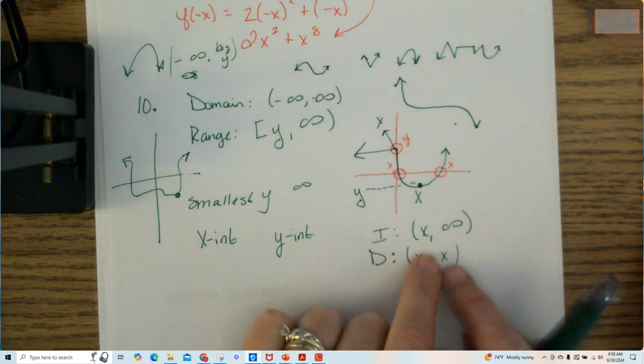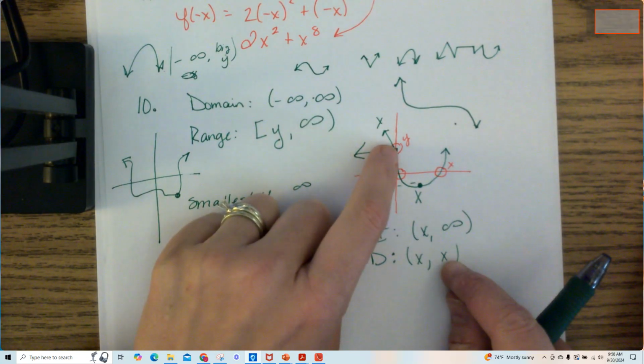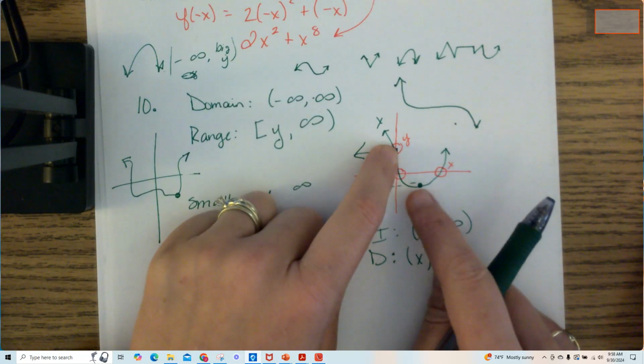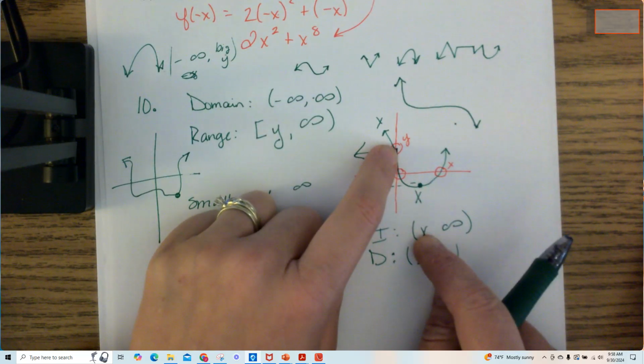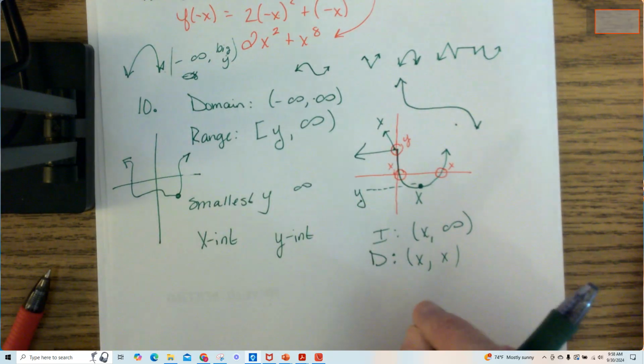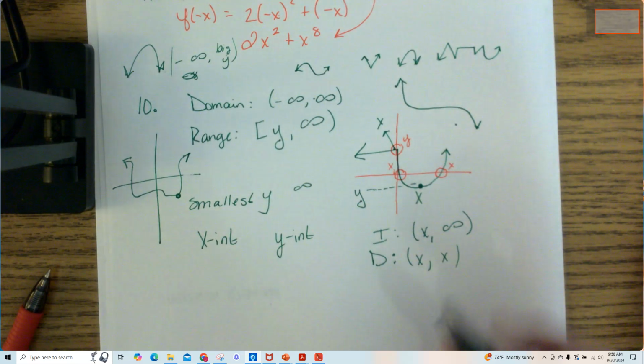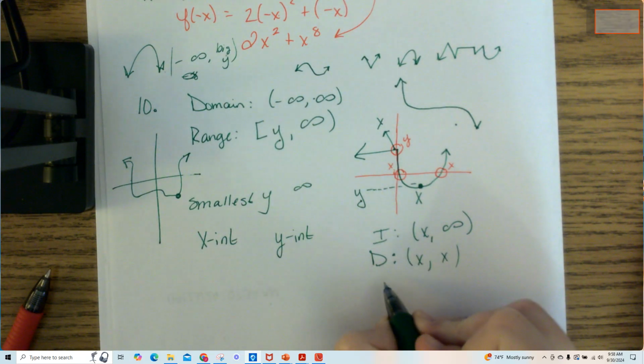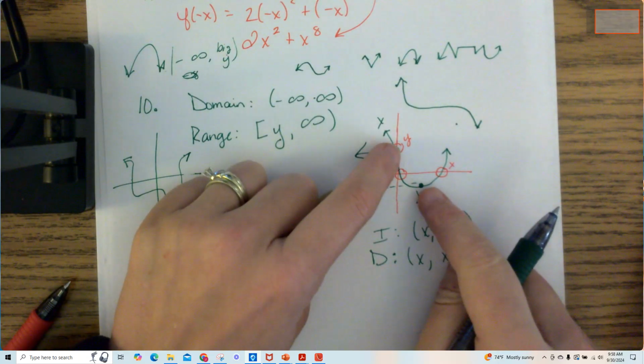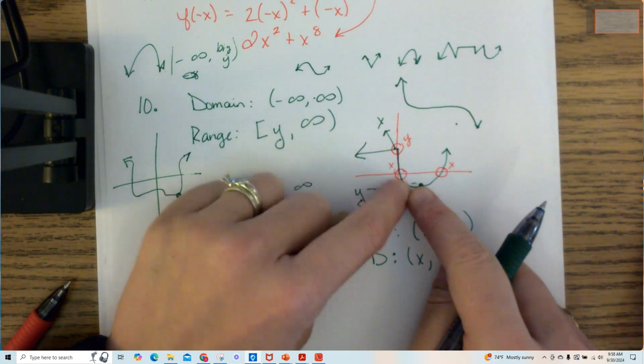So your decreasing one on this is from this x value, which should be 0, to whatever you had for your increasing. Does it want constant as well? Yes. So from this x value to this x value would be your decreasing.